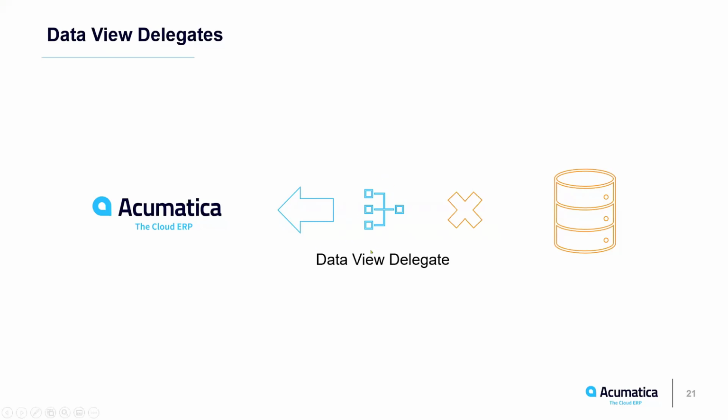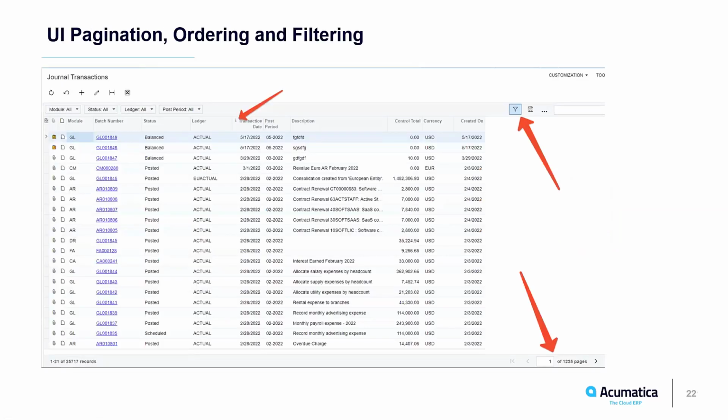And that is great. However, you should be careful with those data view delegates. Let's try to understand why. First of all, here we have an example of a screen, and that screen displays some records. What you can do as a user with that screen is look at one page of the results.